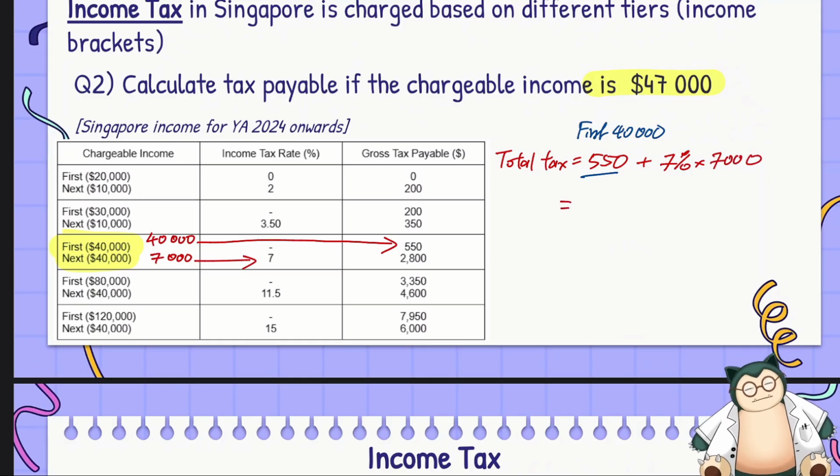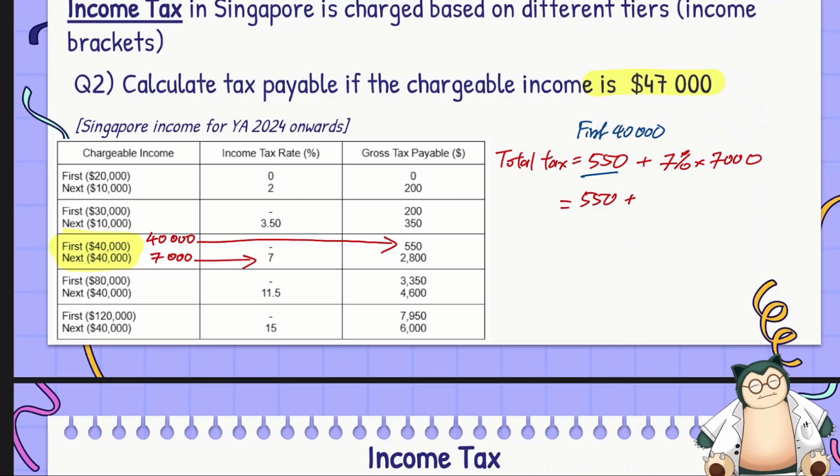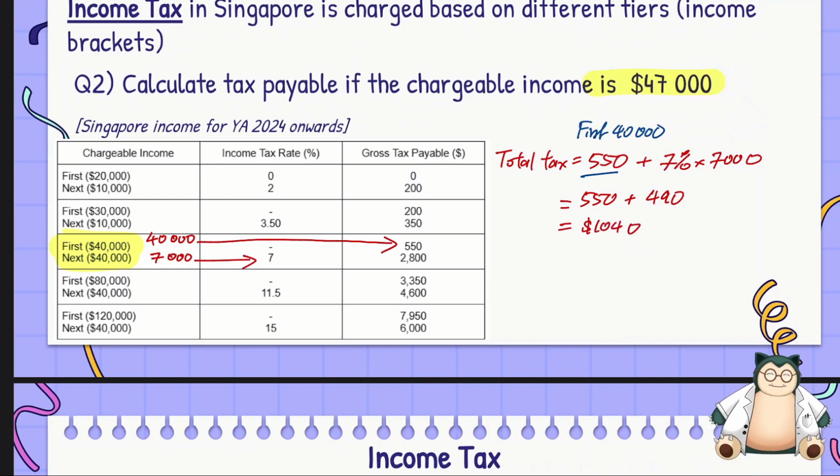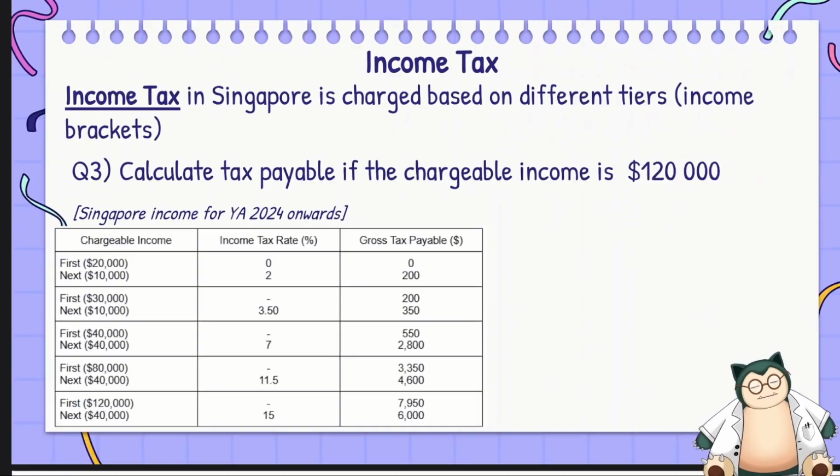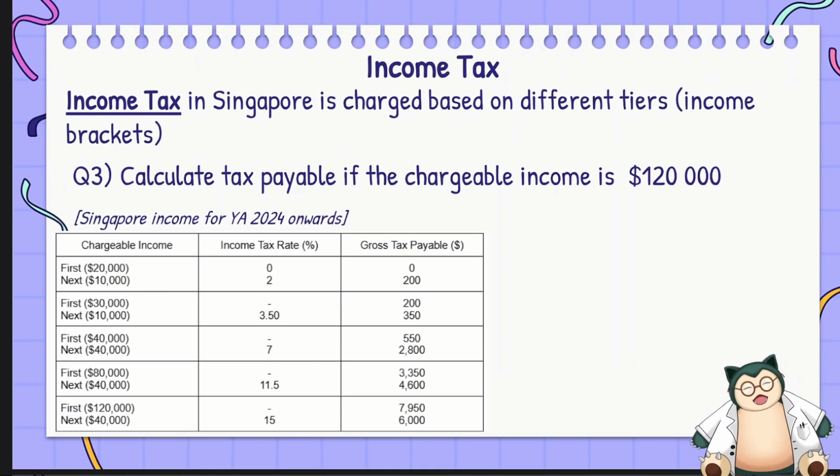All right, so this will give us 550 plus 490. Total would be 1,040. Is that okay? And for the last example, let's say you have a taxable income of $120,000.